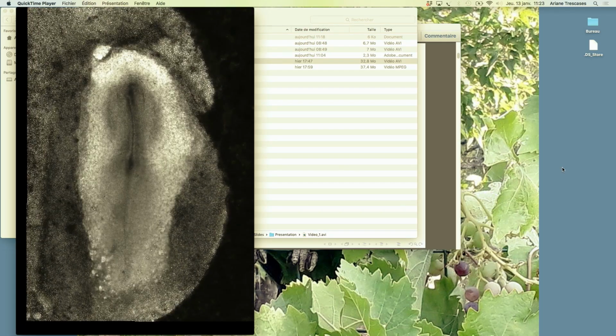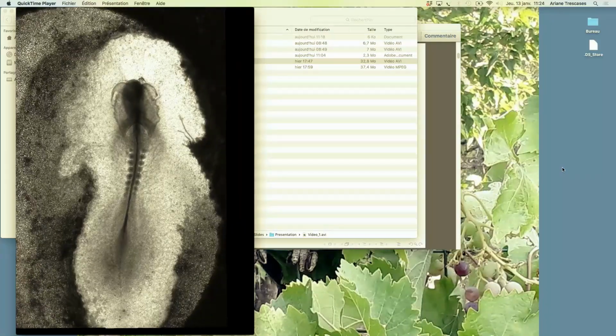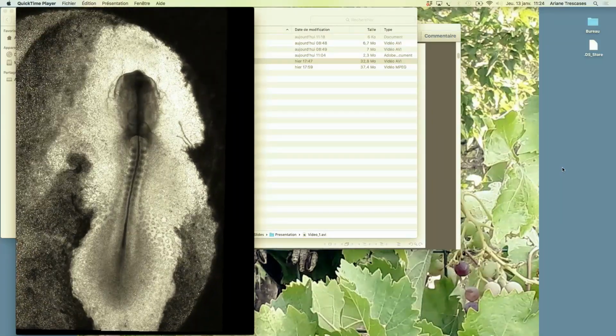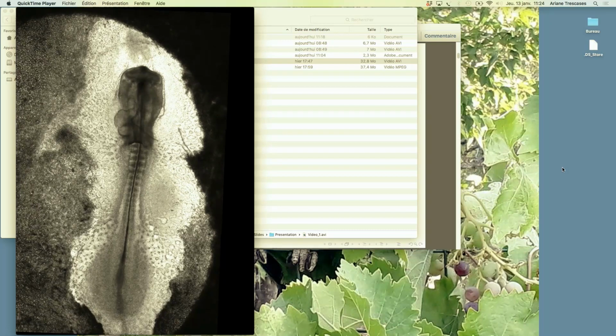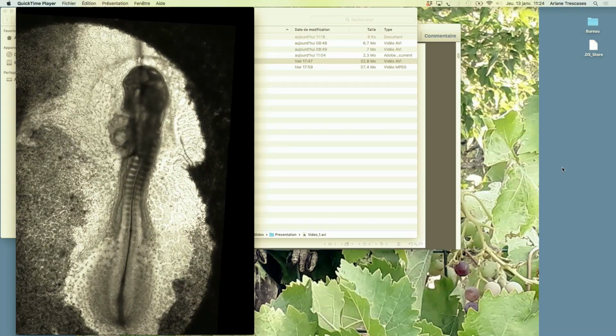Okay, so when we look at it, we definitely see that the tissues have different shades of gray. So they seem very different in terms of density or maybe other properties. And they are in contact with each other also.